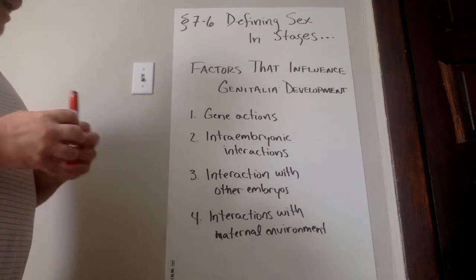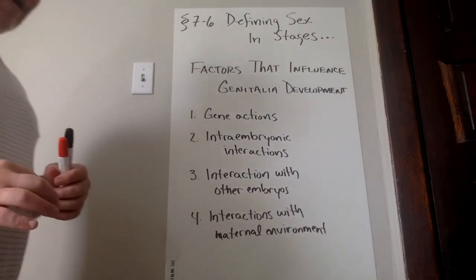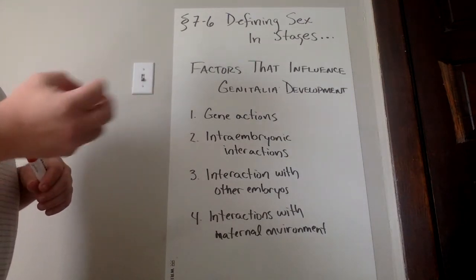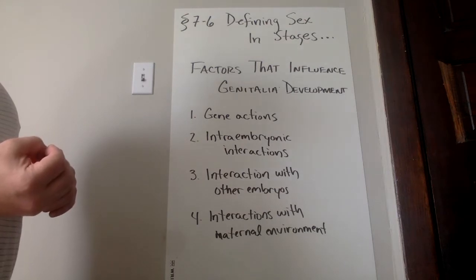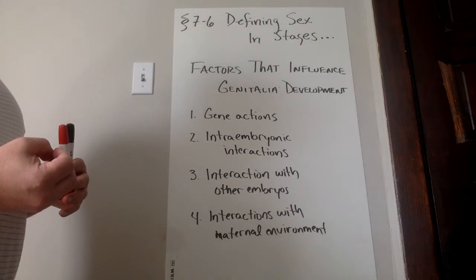You can have interactions with other embryos. Even if you do not have twins, there's always the possibility that there's more than one embryo at the beginning, and maybe that other embryo gets absorbed or dies and never develops.